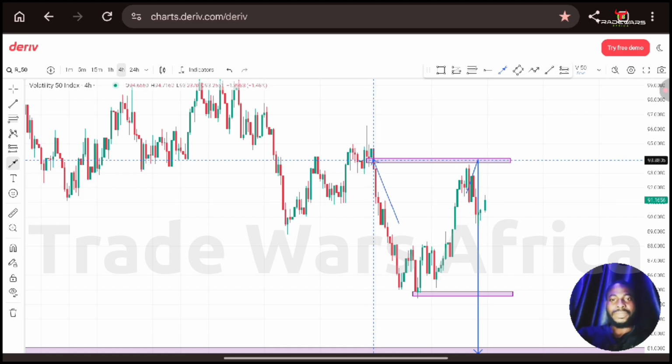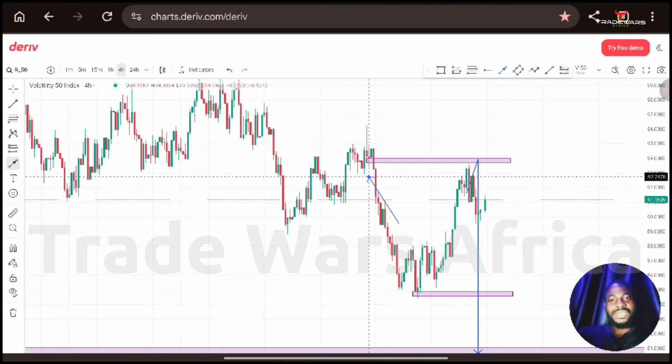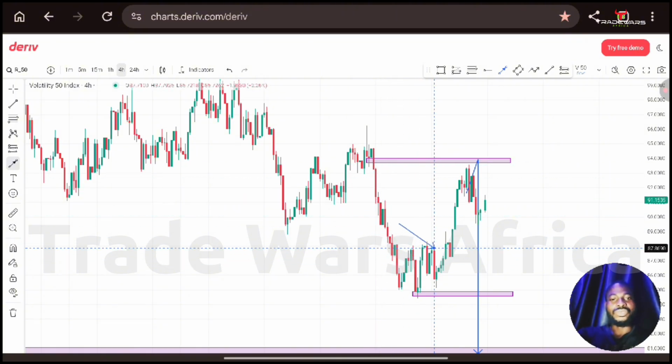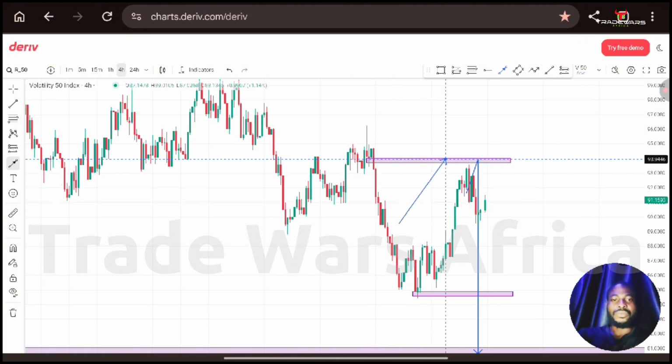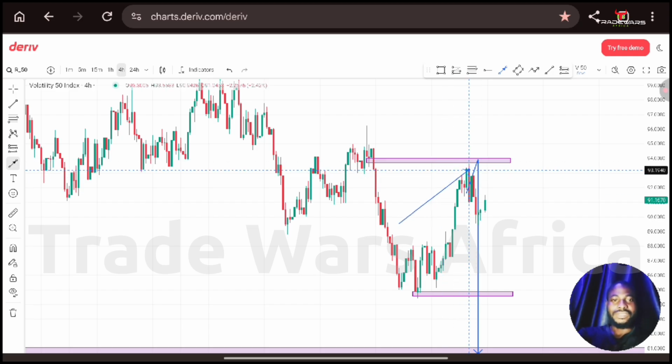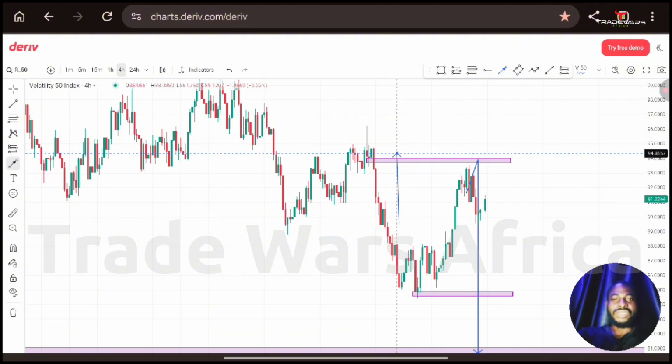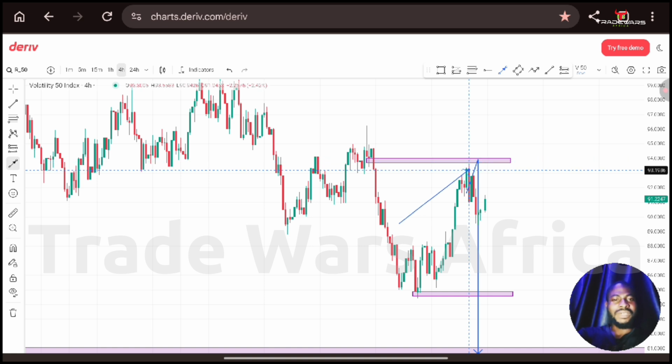You can see the market went down without retesting this zone, and is still coming back up. I didn't take this trade because I see all of this around here as a fake out, until this market gets to this zone here. I've marked this level since yesterday.